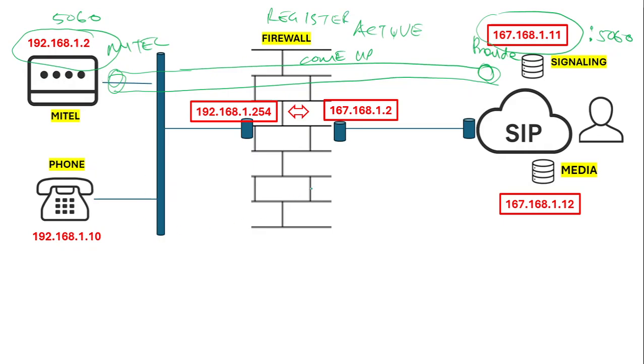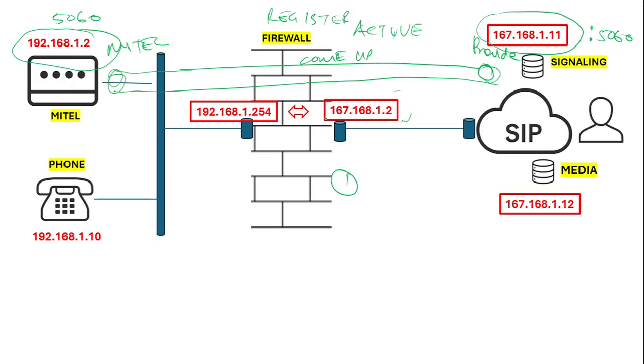number one, because we are going to the internet, 192.168.1.2 cannot be routed on the internet. We have to make sure that it is NATed on the firewall to the public IP address of the firewall, which is 167.168.1.2 here.